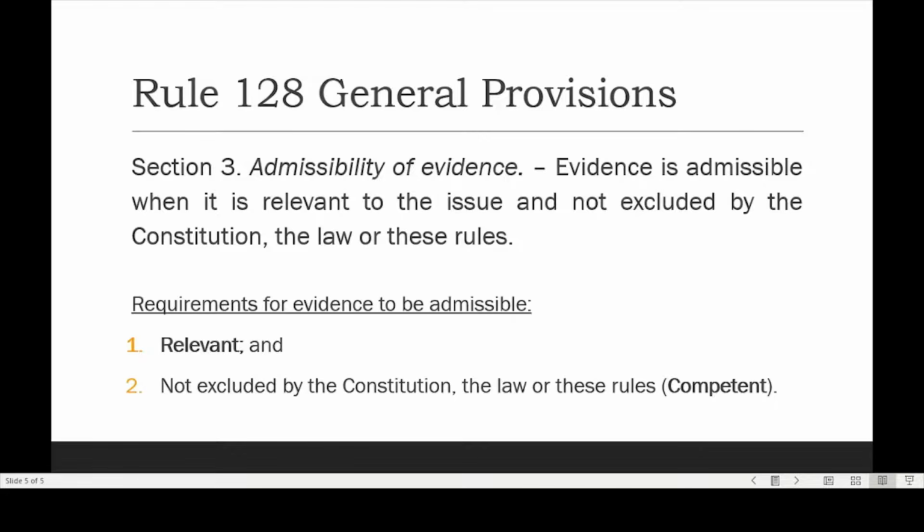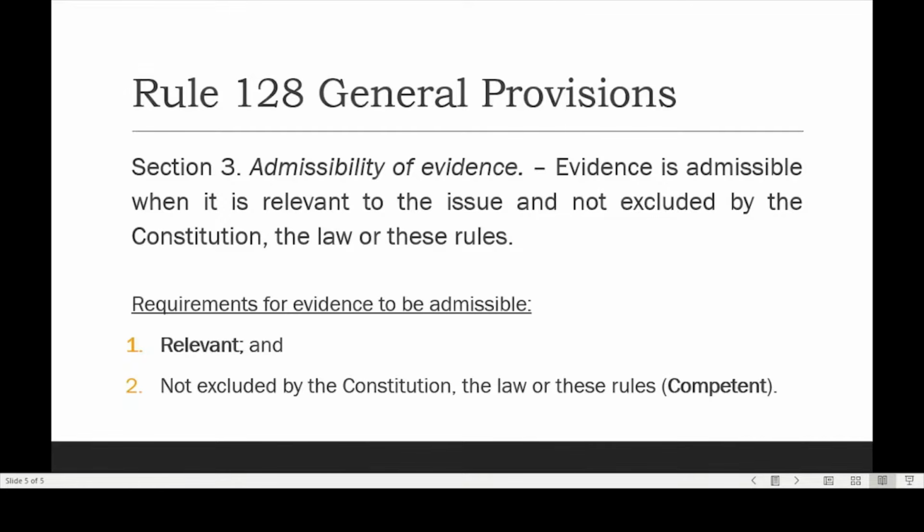Now, what is this admissibility? When we say that an evidence was admitted by the court, it just means that the judge, in determining whether a certain proposition is true or not, in deciding whether the factum probandum is indeed true or not, will consider the evidence that is admitted.